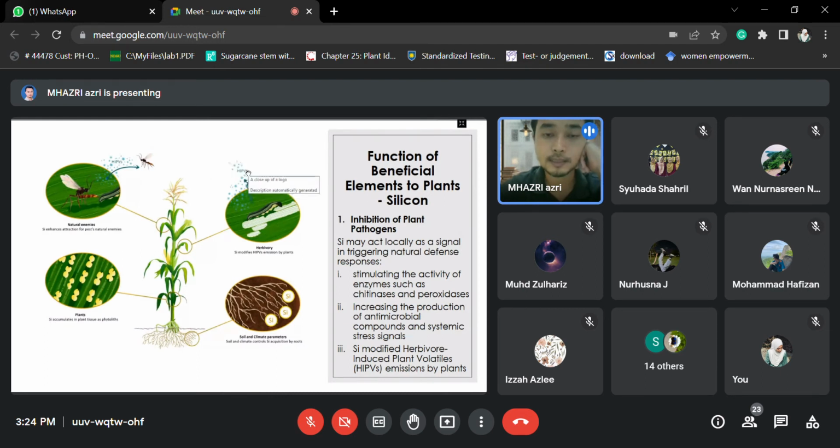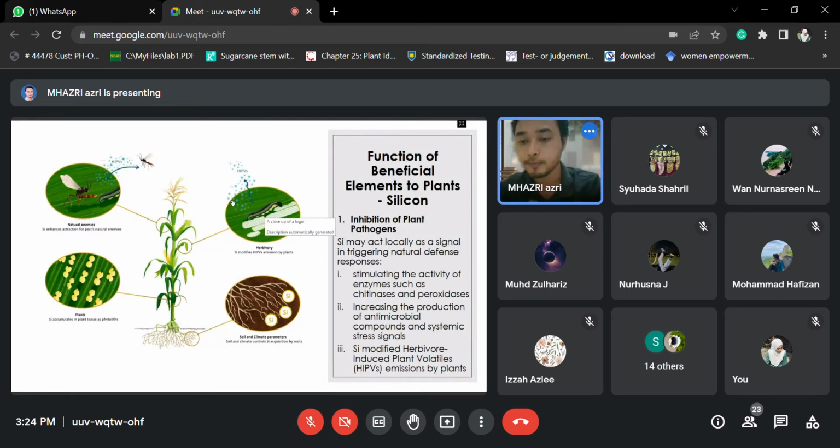Bila dia makan saja, daun-daun ni akan release volatile compound ni. Okay, so volatile compound ni tujuan dia apa? Untuk menarik predator, insect. So this insect will prey on this larva. Okay, so secara tak langsung silikon ni dia akan enhance the defense systems of the plants.